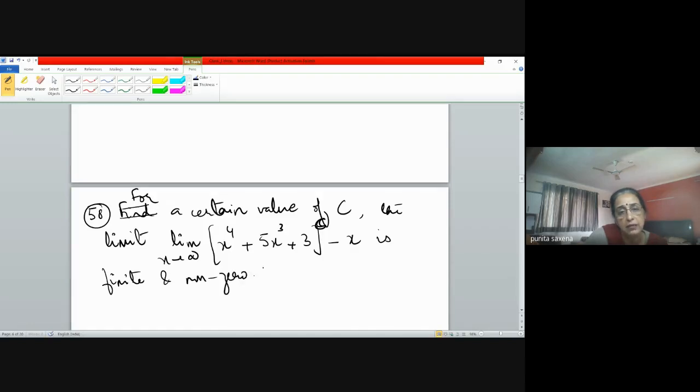So we have to find c and the limit. Okay, this is the problem.